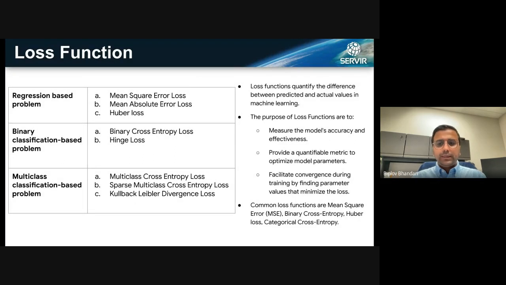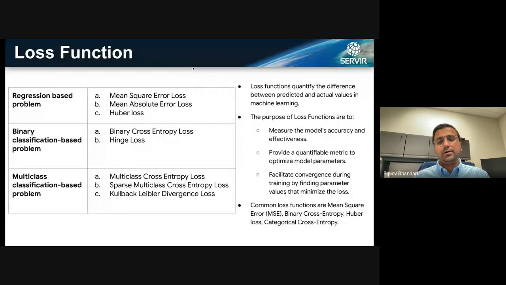Some of the commonly used loss functions depend on what kind of problem you're trying to solve. If you're solving a regression problem, an example would be trying to predict the price of a house, you could use a mean square error loss.